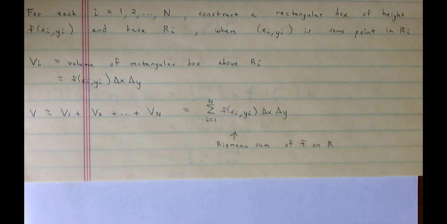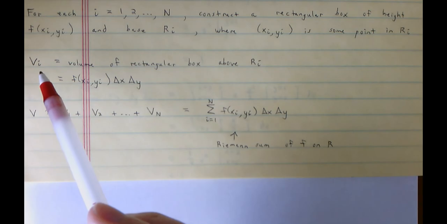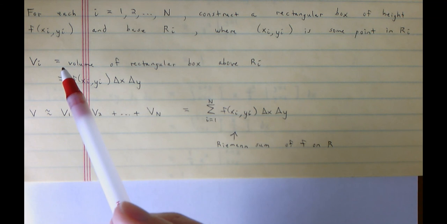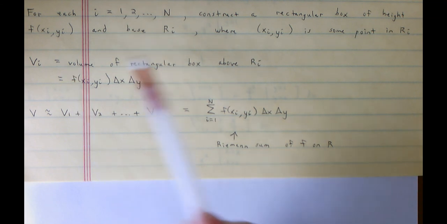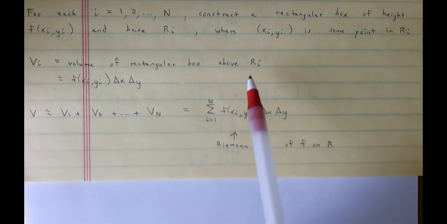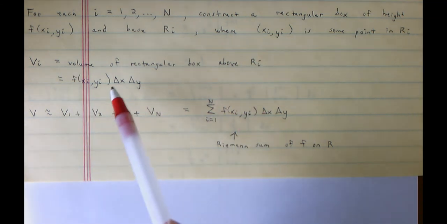Now that we've formed all these rectangular boxes, we need to find the volume of them. We'll let V sub i denote the volume of the rectangular box above that subrectangle R sub i. How do we determine this volume?